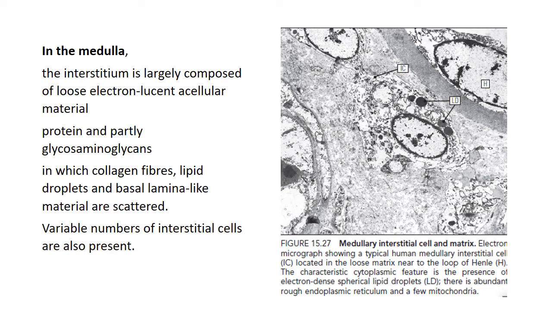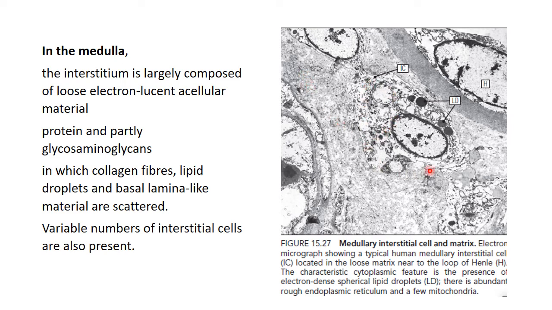While the renal interstitium in the cortex is very simple and basic, formed from fibroblast-like cells and few macrophages, in the medulla the interstitium is much more complex. It is composed of loose, electron-lucent acellular material, which is the interstitial matrix, formed mainly from protein, glycosaminoglycans, collagen fibers, lipid droplets, and other materials.